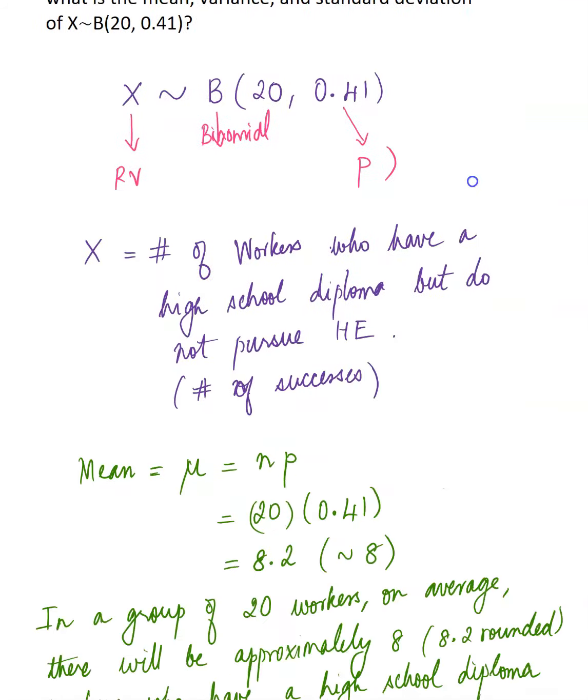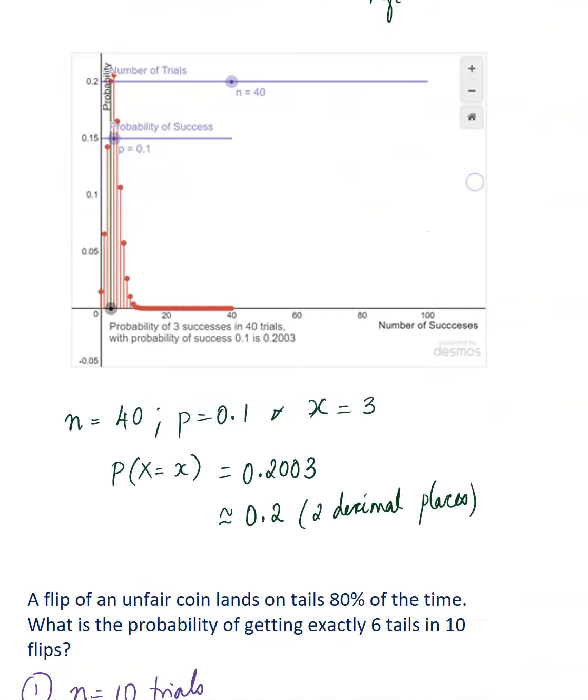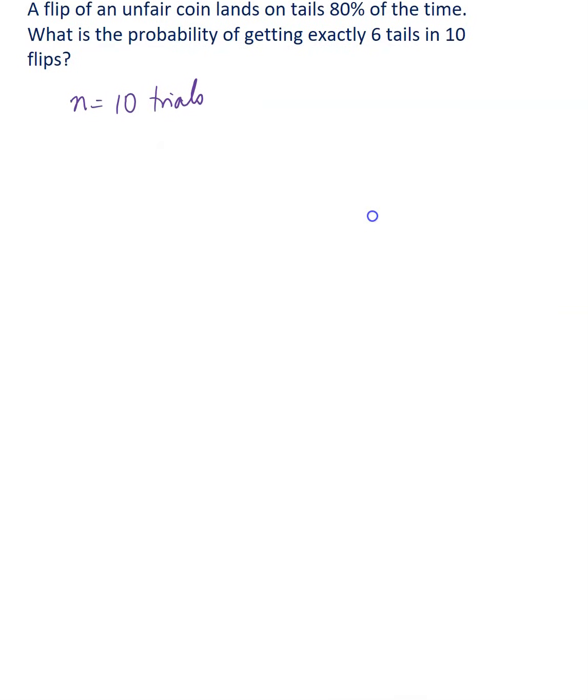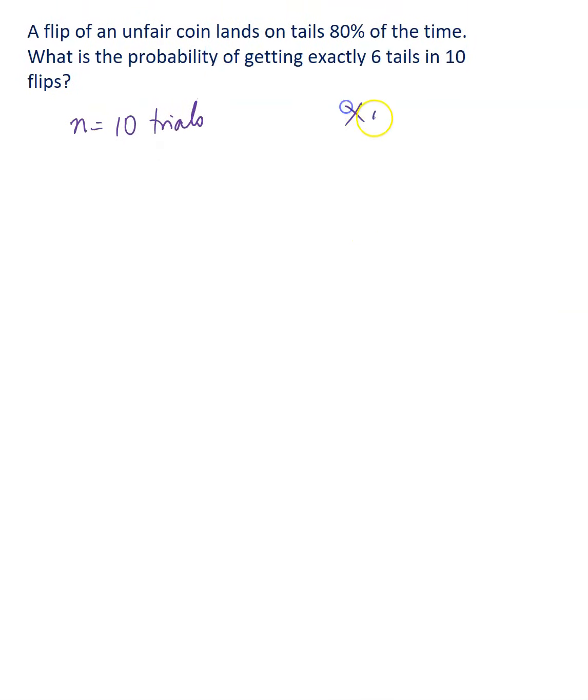Okay, so we're checking all the 4 conditions. So I'll just come down to our problem. I'll collect what details we have. We established that it's a binomial. So we know that X is a binomial with n equals 10. And what is P? Probability of success.